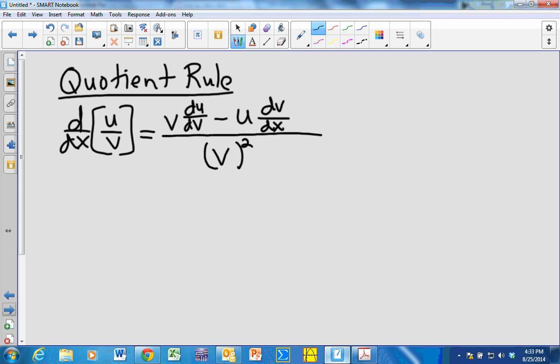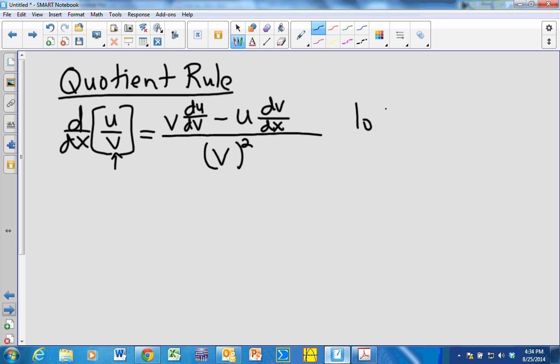Now some people will say the one that's on the paper is kind of like Snow White and the Seven Dwarfs, so ho-de-hi minus hi-de-ho over ho squared. Most people I've heard say low, okay, low being the bottom, low d-high, meaning derivative of the top, so low d-high minus high d-low over low squared.